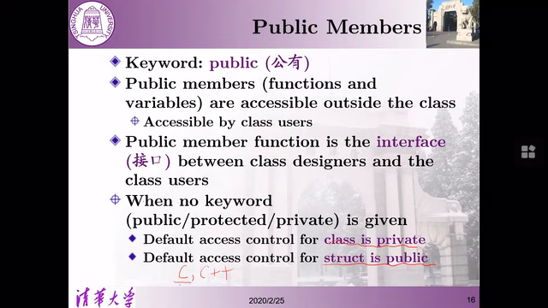The struct is already in C. Then in struct, in C programming language, we only have data members. So now in CPP, we have classes and we can put functions into this struct.